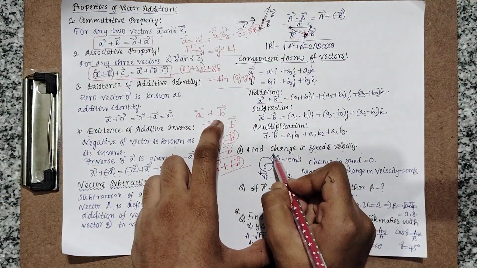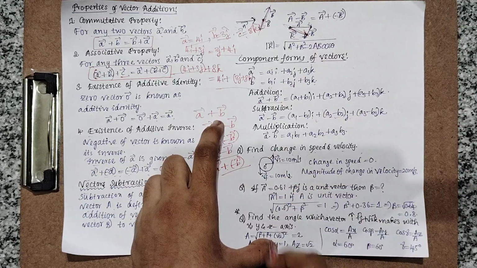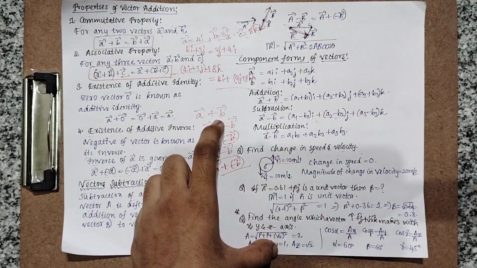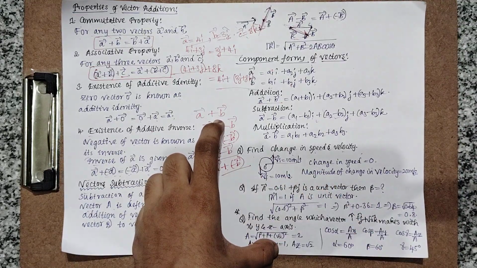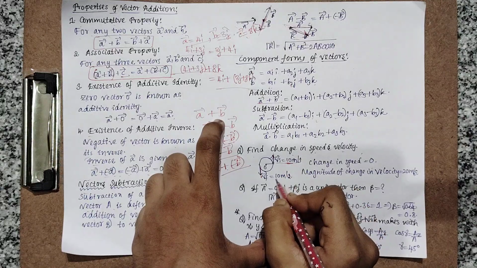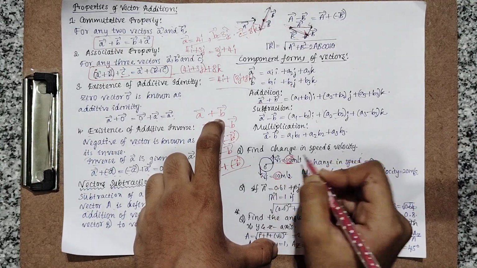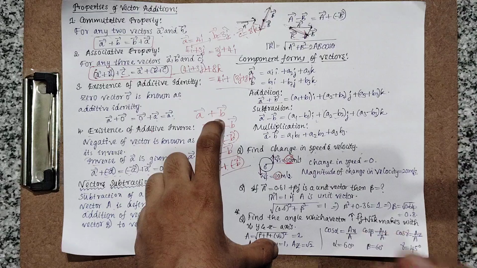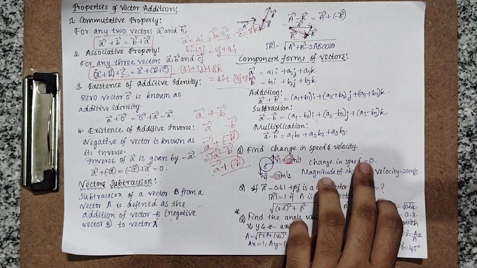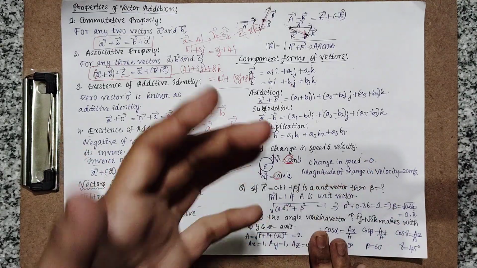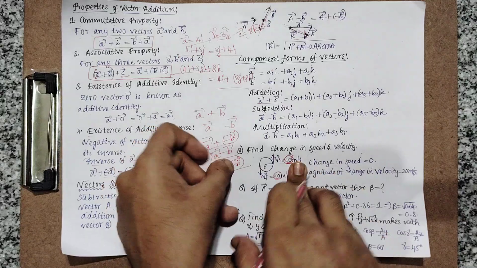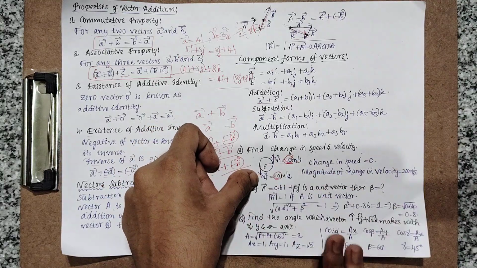Here v initial is equal to 10 meter per second, and v final is equal to 10 meter per second. So here the magnitude remains the same, so the change in speed will be equal to 0, because final minus initial, 10 minus 10, is equal to 0.